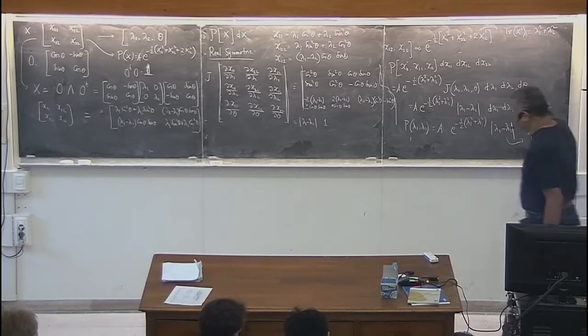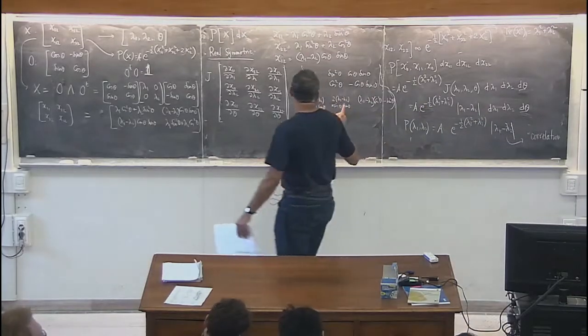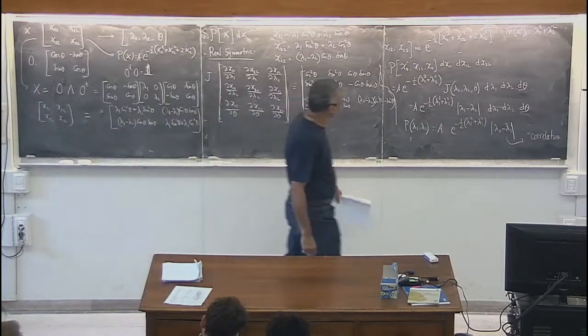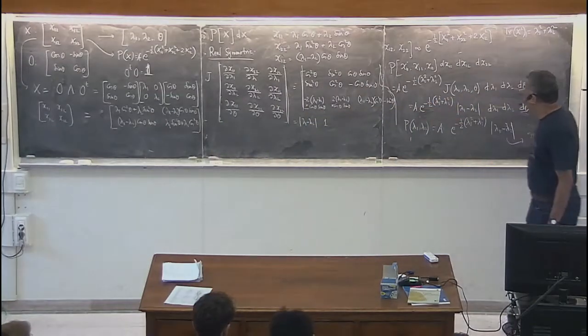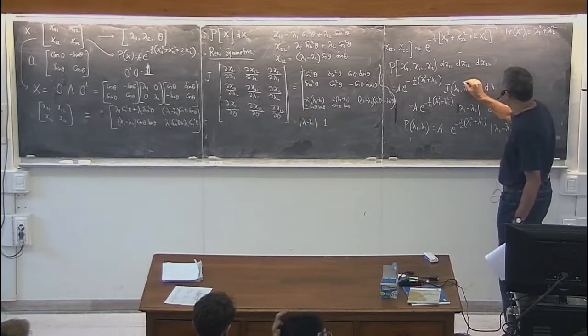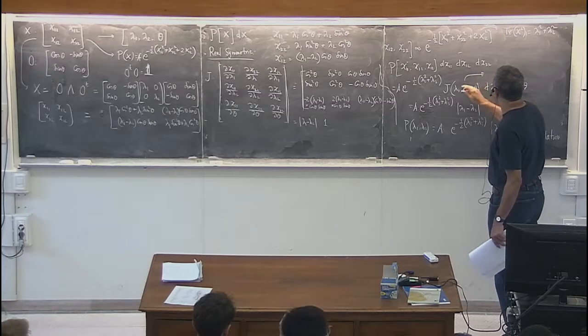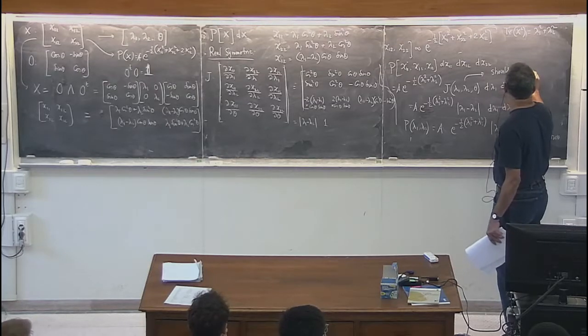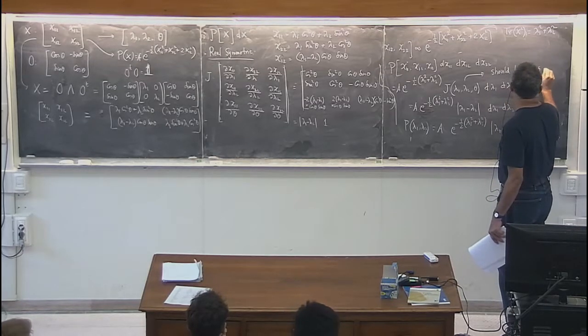Now, the important thing here is that even without doing this calculation, you can argue that this Jacobian term should depend only on eigenvalues and not on eigenvectors.